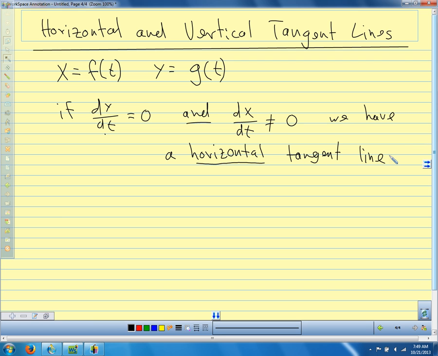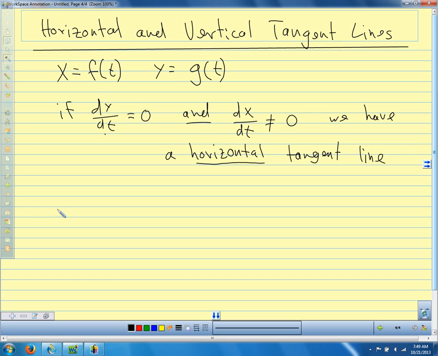And the way I visualize this is saying dy/dt, so y is not changing, but x is still changing. We're not going up or down anymore. The y isn't changing, but x is still changing. That helps me visualize how it works. So that gives us a horizontal tangent line.